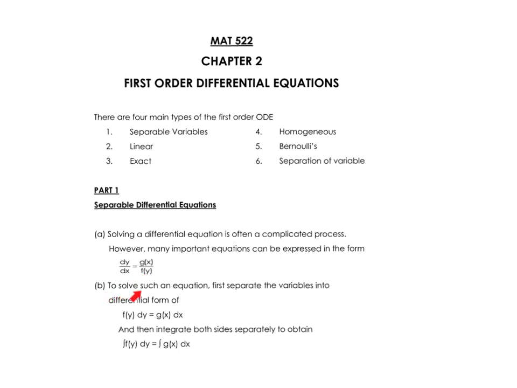To solve such an equation, first separate the variables into the differential form f(y) dy equal to g(x) dx, and then we integrate both sides separately to obtain the integral of f(y) dy equal to the integral of g(x) dx.